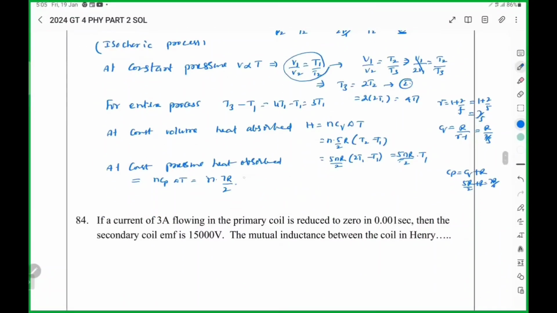Delta T will be, what is final? 4T1 minus 2T1. Actually, we have to write T3 minus T2. So let me write one more step: 7 nR by 2 into 4T1 minus T2, where T2 is 2T1. So 7 nR by 2 into 2T1.